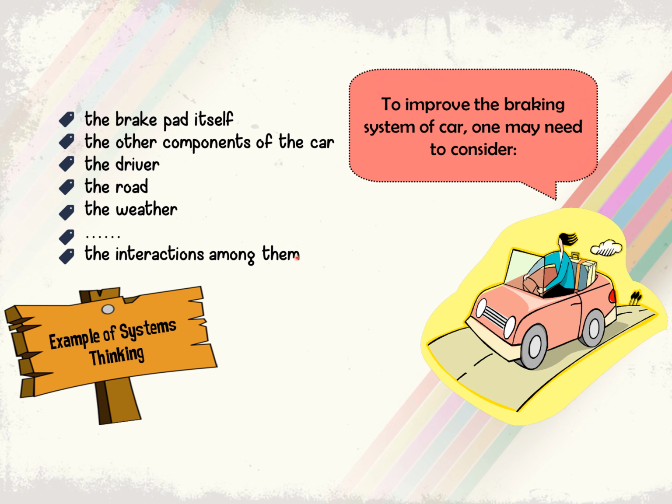As a result of such thinking, new insight may begin into how the brake works, why it has problems, how it can be improved, or how changes made to one component of the system may impact the other components.